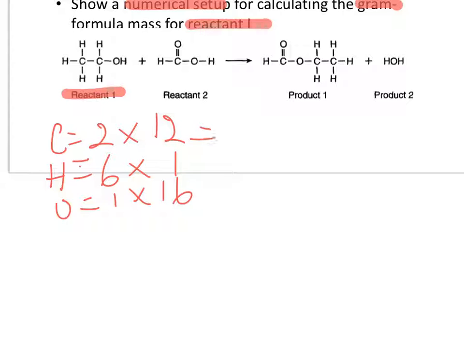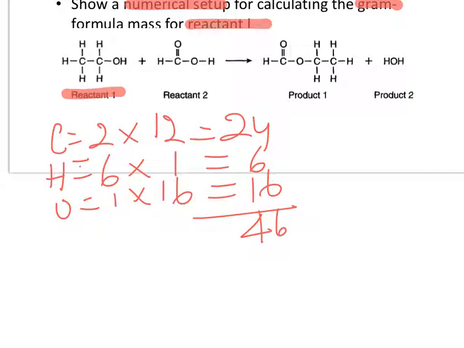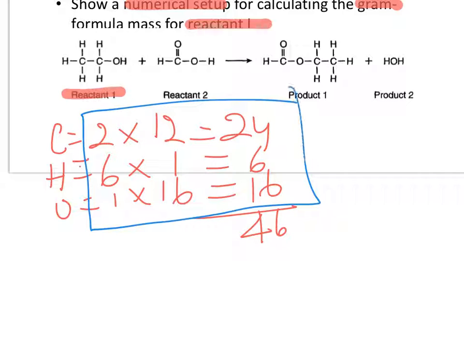We're going to add that up: 24, 6, 16. That will give us 46. But you didn't have to show that. All you had to do was show this setup right here. You don't actually have to solve for it.